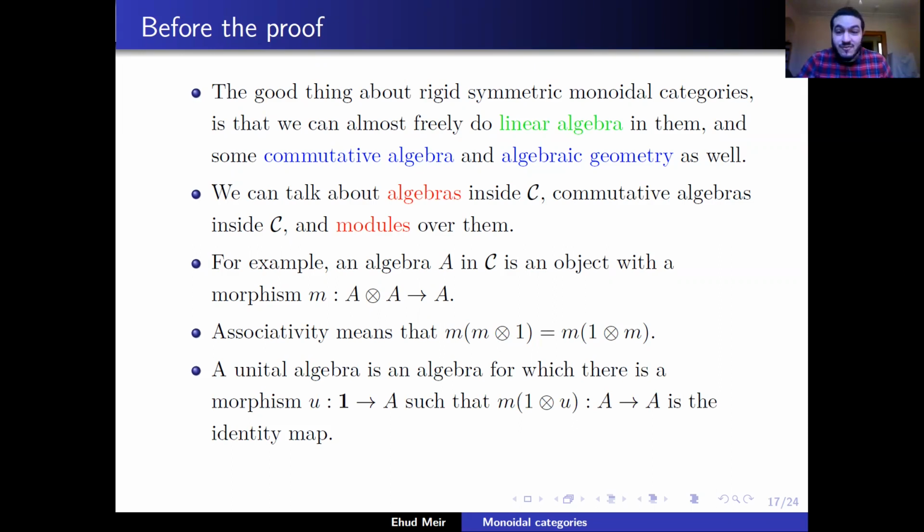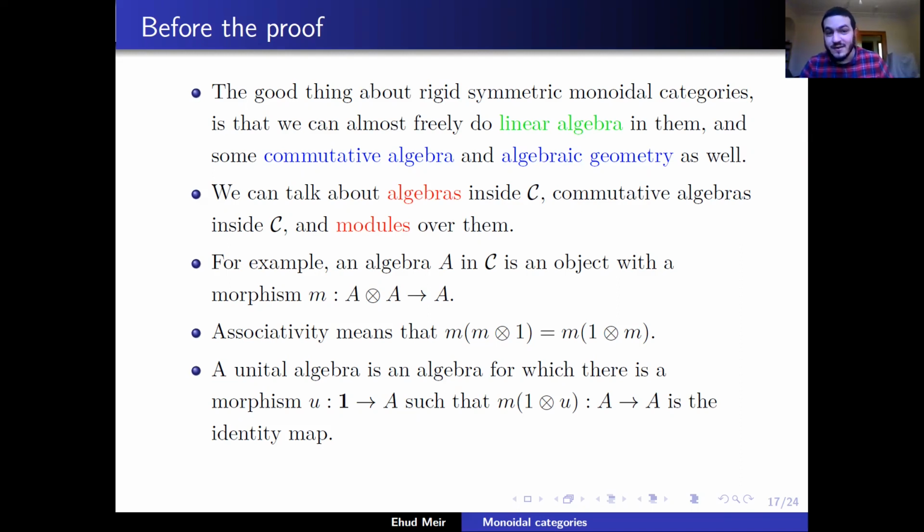A unital algebra is an algebra for which we have a morphism U from 1 to A such that M times (1 tensor U) is the identity map. The point is that the usual things that we have when we talk about algebraic structures in Vec, we can really phrase in categorical terms.